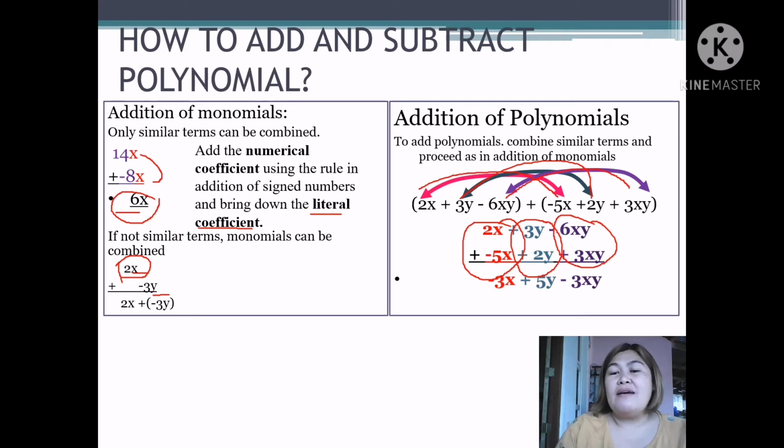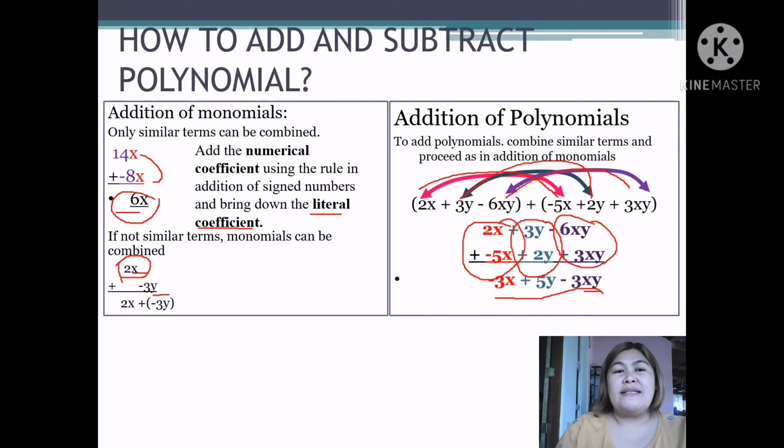So 6 minus 3 is equal to 3. And then just copy the sign of the higher value, which is 6, so negative 3. And then copy the variable, which is xy. So therefore, our answer is negative 3x plus 5y minus 3xy.